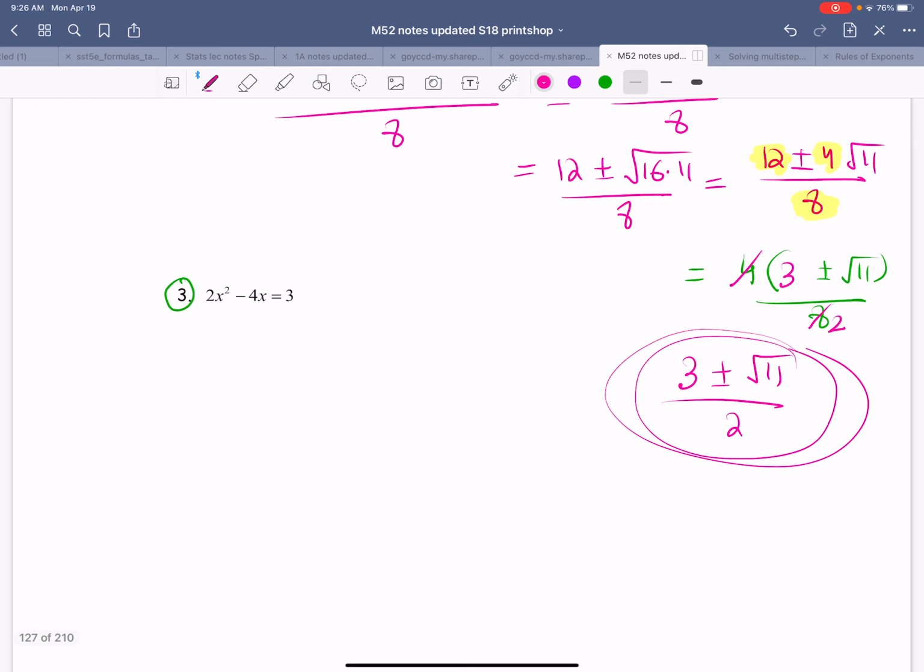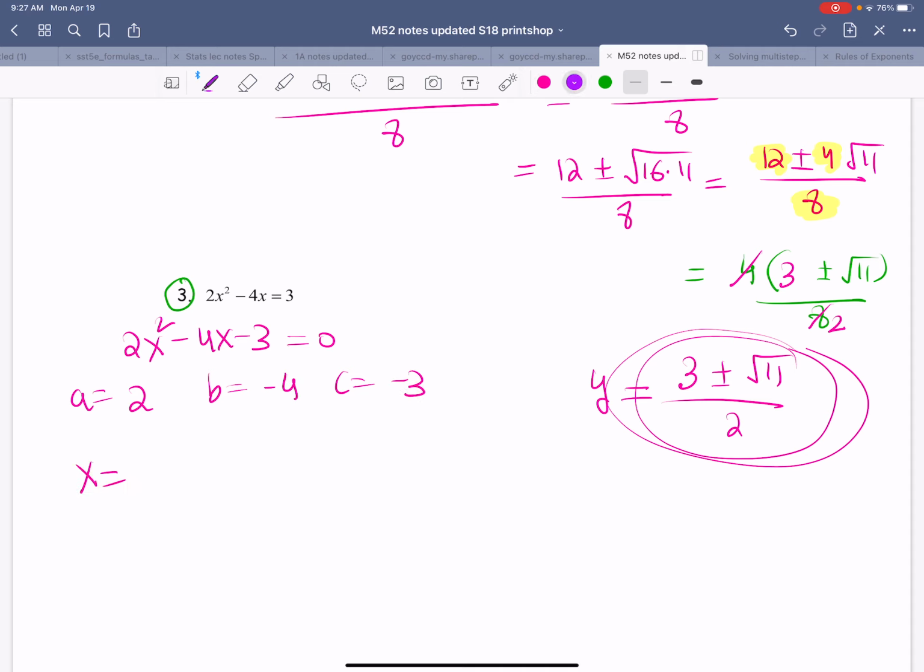Here's number 3. We have, again, not the standard form. So the first step is to bring everything to the left-hand side. Then figure out your a, b, and c. Your a is 2 here, b is negative 4, c is negative 3.